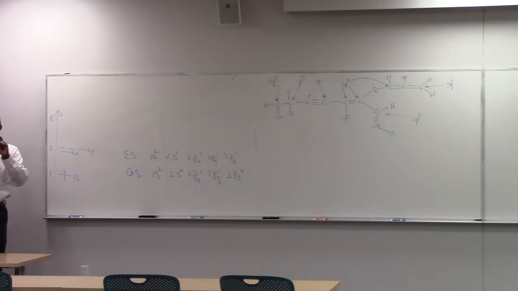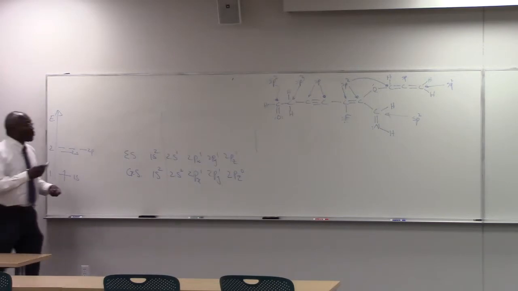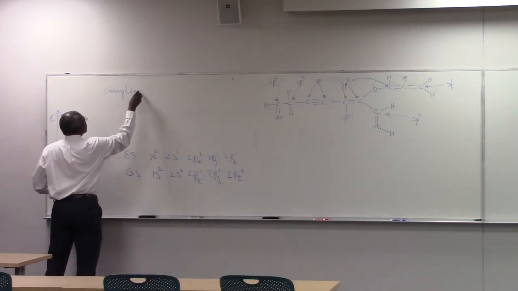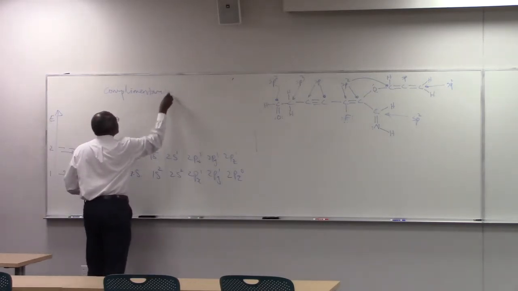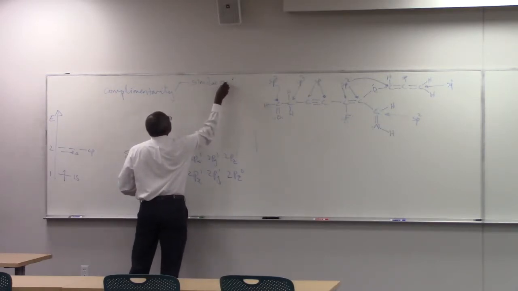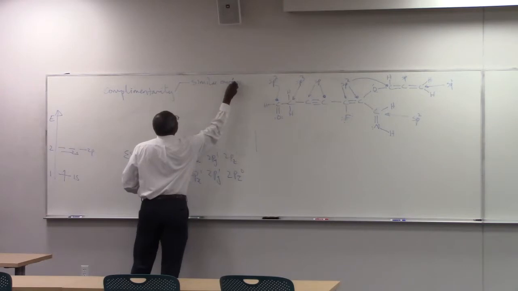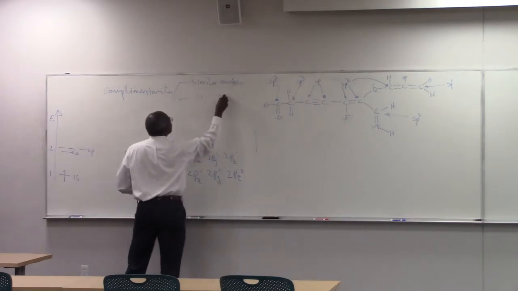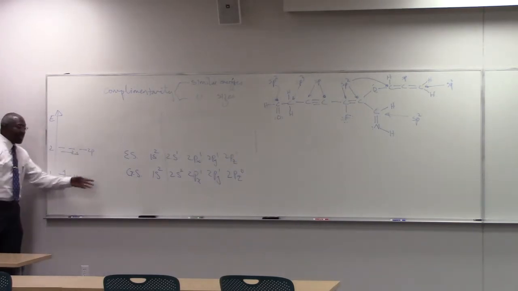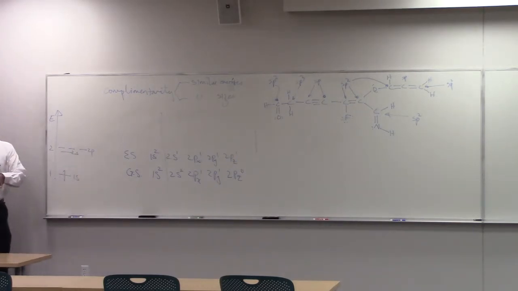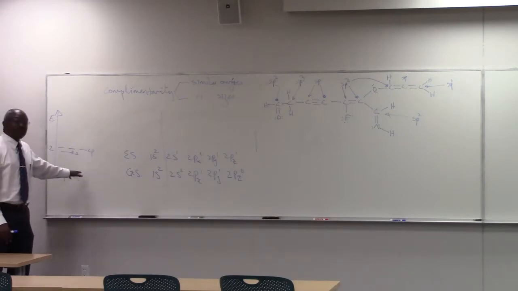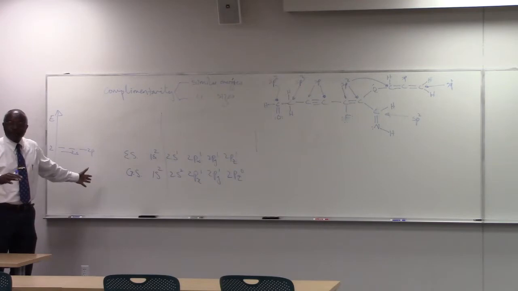And remember, for them to overlap and hybridize, they must show complementarity, which means similar energies and similar sizes. So if you are an element in the first period, in other words, H and helium, you can't hybridize. There are no partners in the first energy level to the 1s. The 1s is alone in the first energy level.